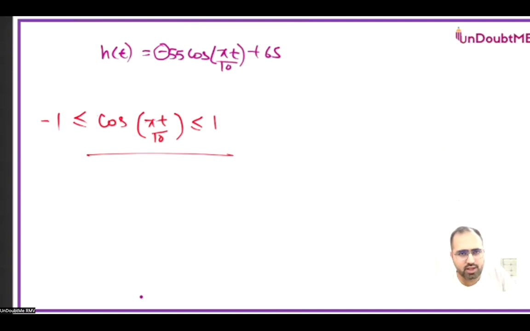Okay, let us come to that. Cos will be -1. Is it possible for cos to have a -1 value for any value of t? Yes, sir, it can be negative.